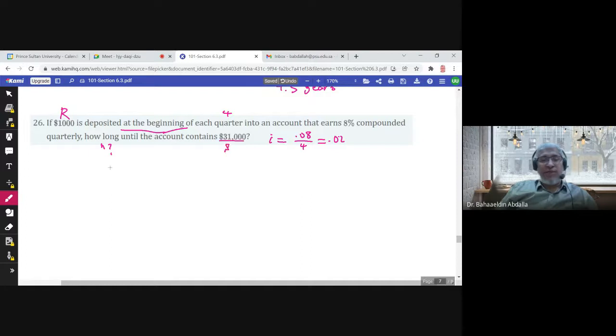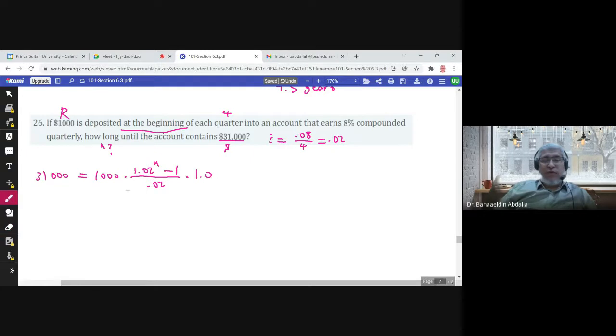This is S. So 31,000 is equal to 1,000 times 1 plus I, which is 1.02 to the power n minus 1 over 0.02 times 1.02.